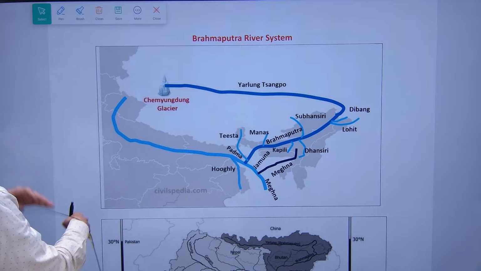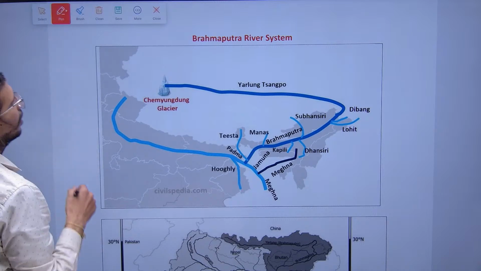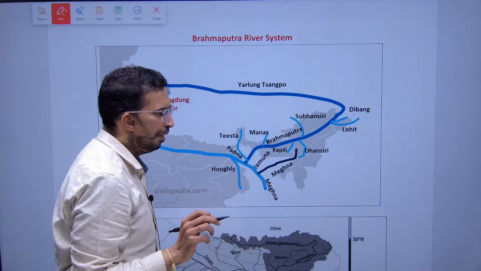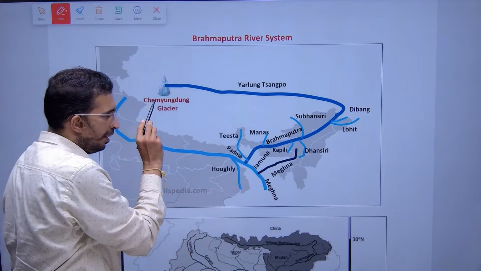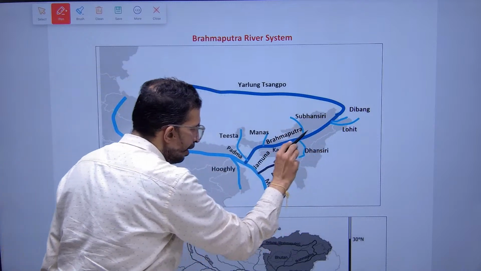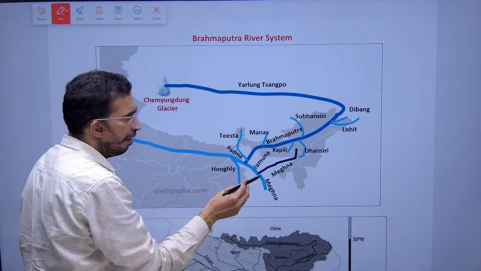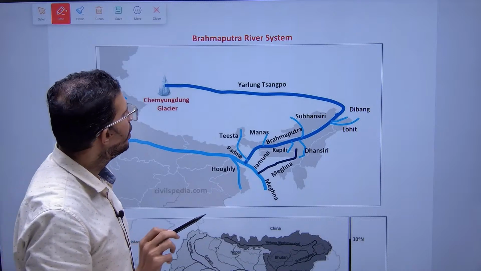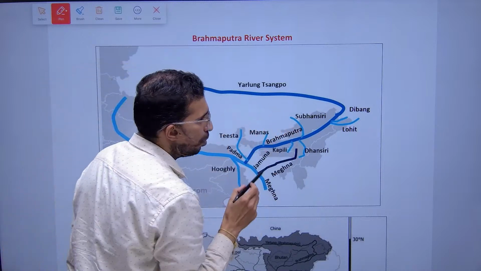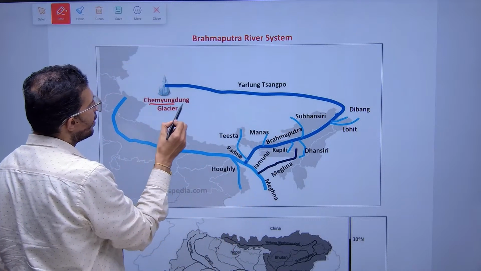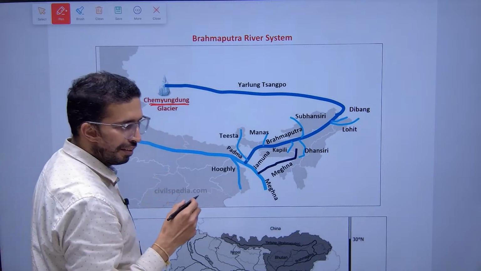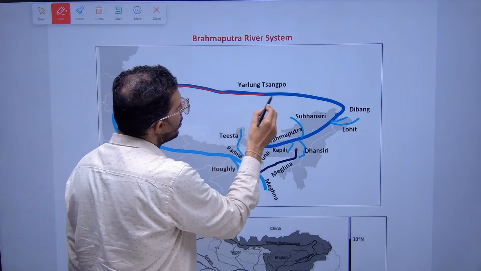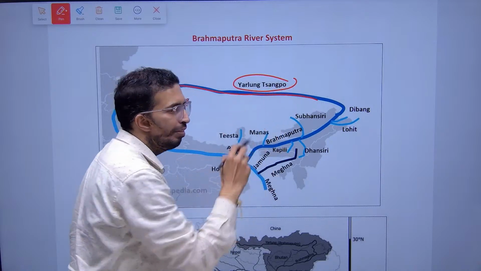If we see, what is important? The origin, the traveling path, which are the tributaries and where it drains. Yes, the Brahmaputra river originates at the Cheomyung-dong glacier, and it traverses in the Tibetan region as the Yarlung Tsangpo.